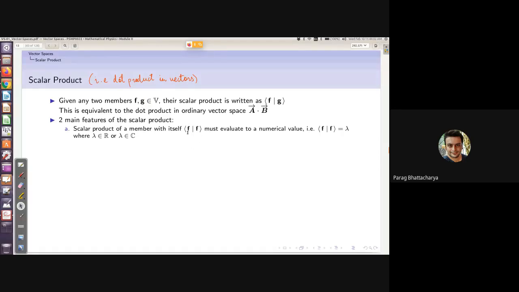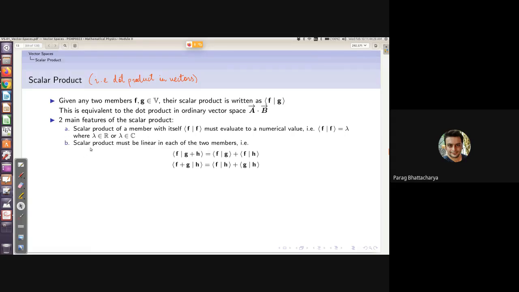The scalar product of a vector with itself must evaluate to a numerical value, some result that is going to be equal to lambda. This lambda could be a real number or it could be a complex number. So the scalar product of a member with itself will always evaluate to a numerical value.